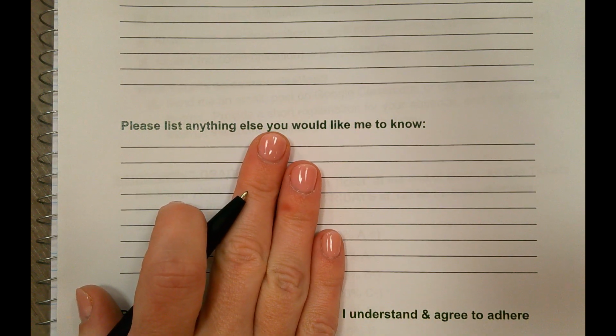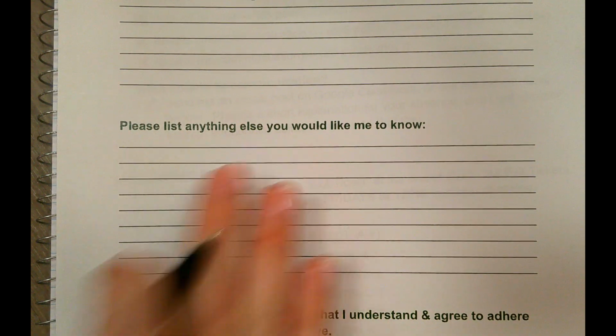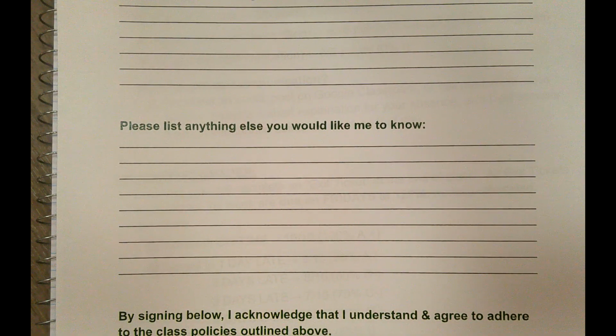These are private. I'm not going to share them with anyone, unless, of course, there's something that is heavily concerning. You don't have to write anything, but if there's anything you want me to know, that's where you put it.